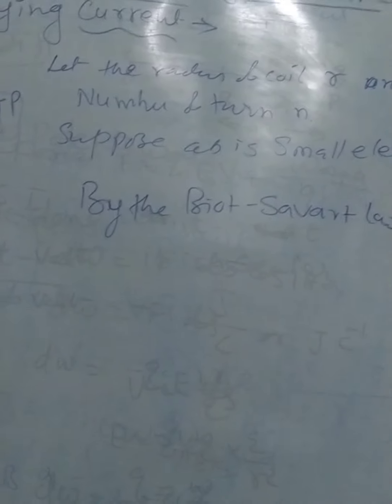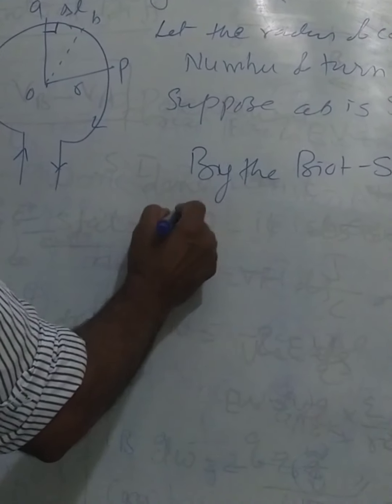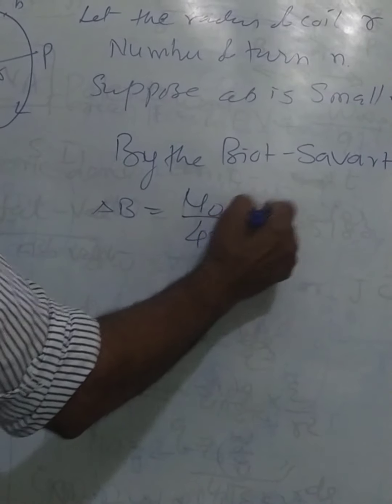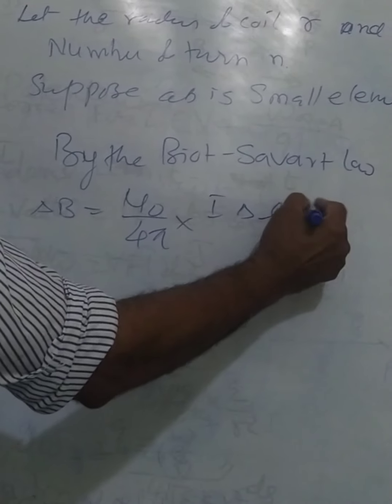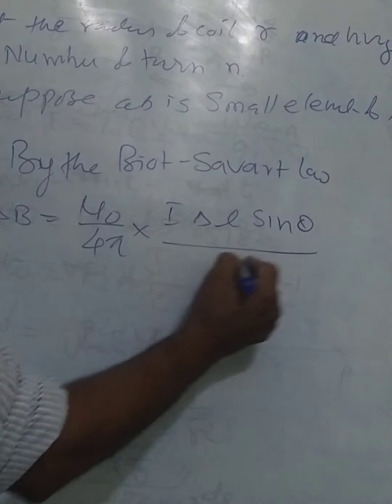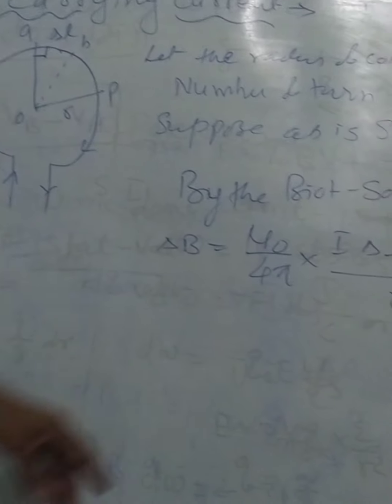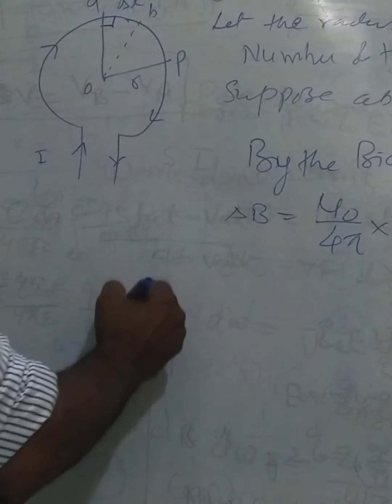By Biot-Savart law we have del B is equal to mu naught upon 4 pi into I del L sin theta upon r square. This is the magnetic field for the small element.